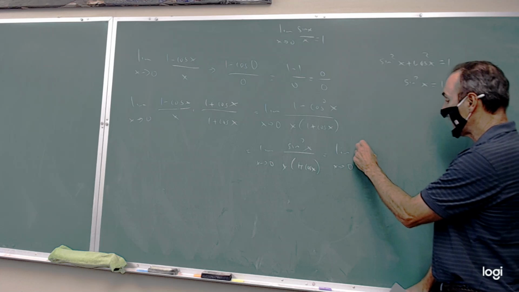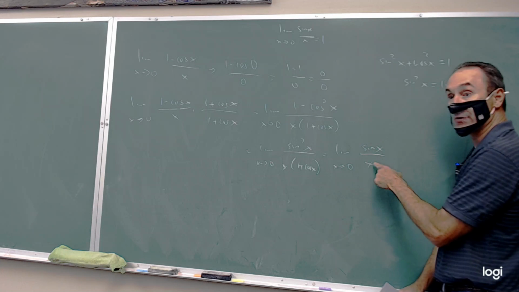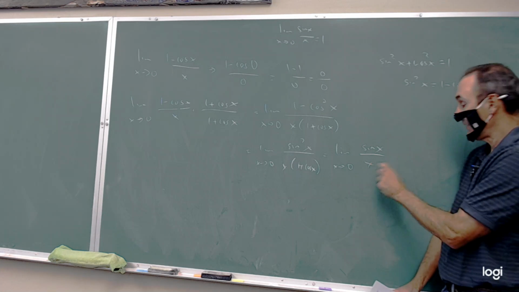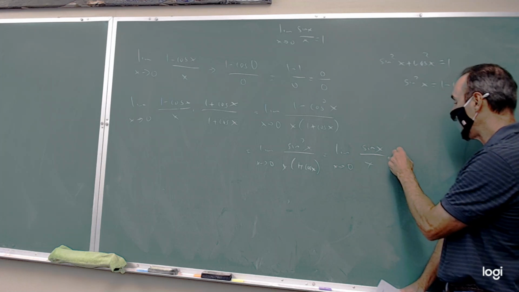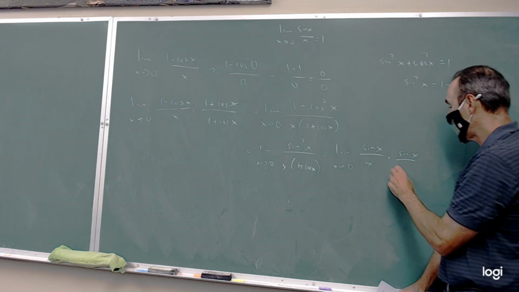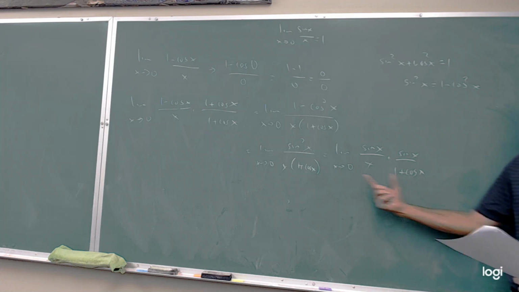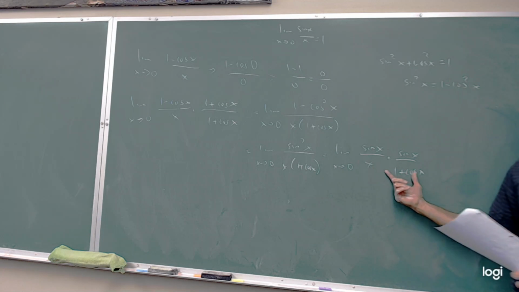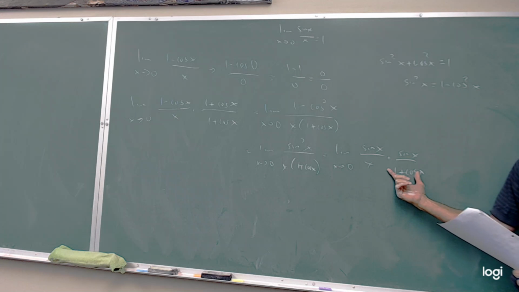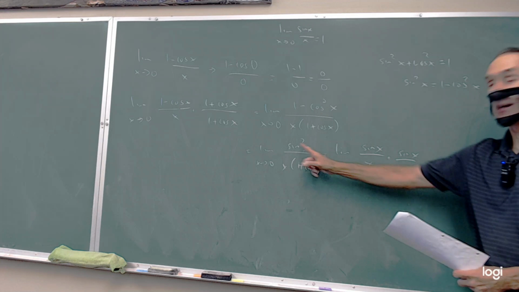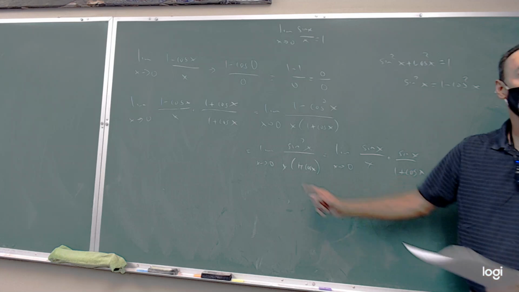So I'm going to call that sine x over x, so I can create what I want, times the other sine x over 1 plus cosine x. With me? Are these and these equal? Yes, because top times top is sine squared, bottom times bottom is there.